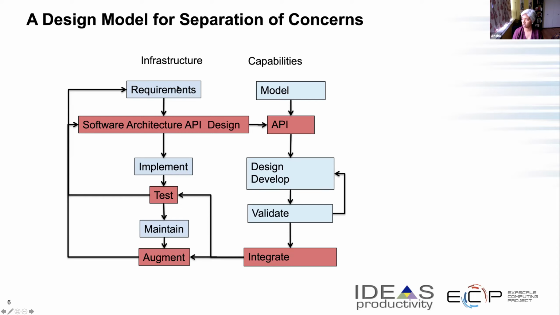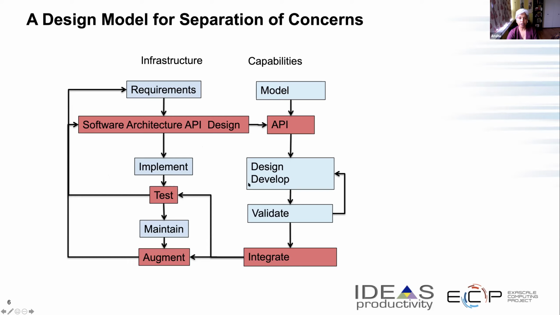This is important because this is the part that is the server and is slow changing, and therefore needs to be robust and extensible. So you do requirements gathering for it. You devise and encode that in your software architecture, and design APIs so that the services are offered by this infrastructure to what I call the physics capabilities. They have to be implemented, tested, maintained, augmented, etc., as the code grows.